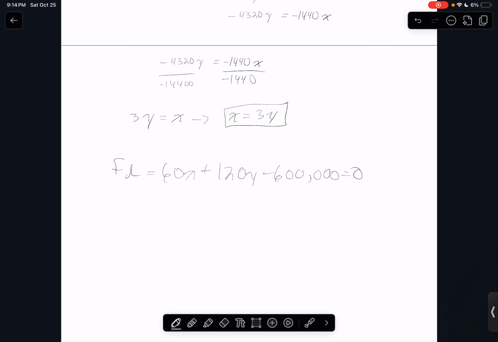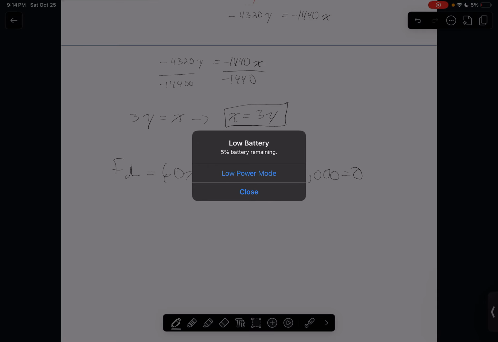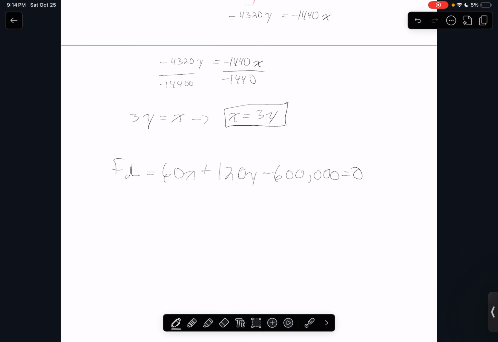So when I solve for x, we're going to have 60 times 3y plus 120y equals $600,000. We're going to go ahead and crunch these numbers in.